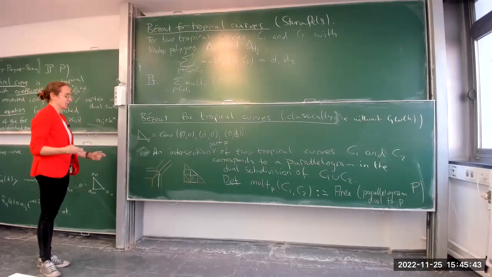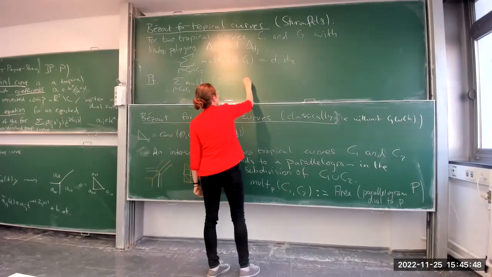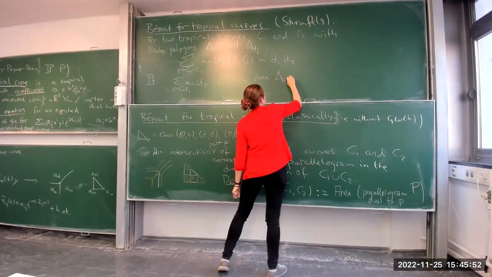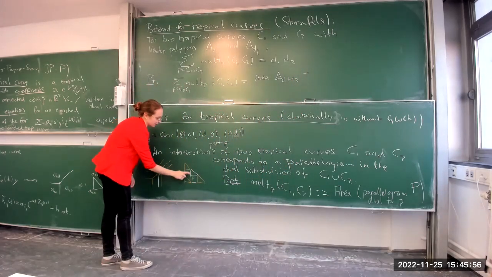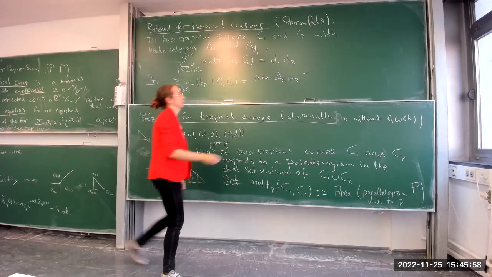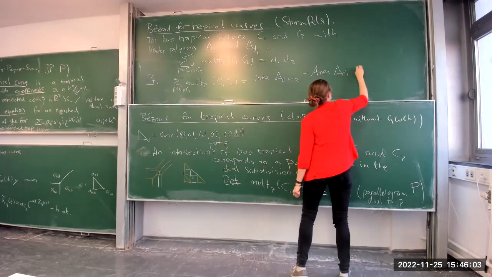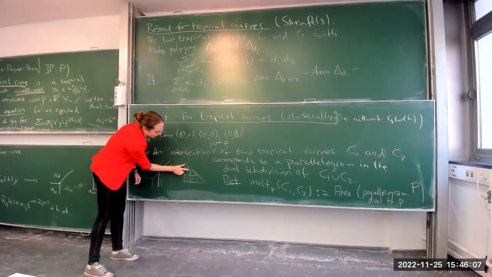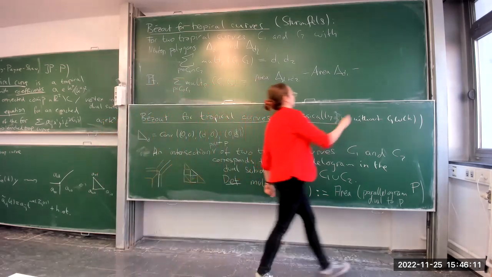But I want to compute this in a different way. I first take the big triangle area, delta D1 plus D2, and I subtract delta D1, which is just this guy here. And I subtract delta D2, which you get by putting this part down here and this orange part down there.